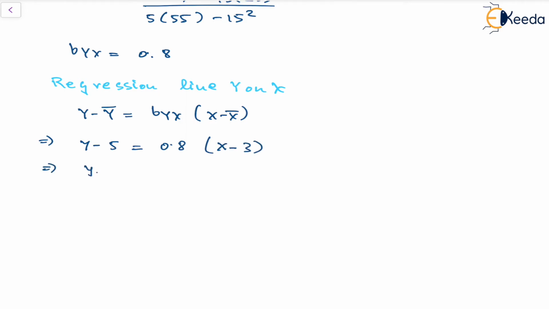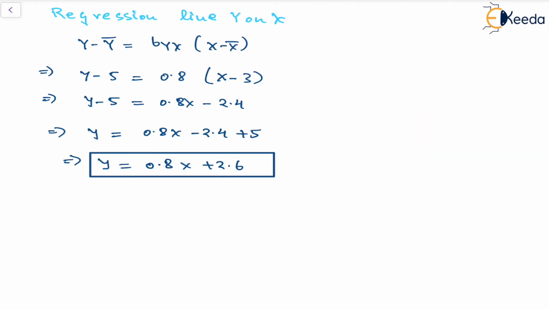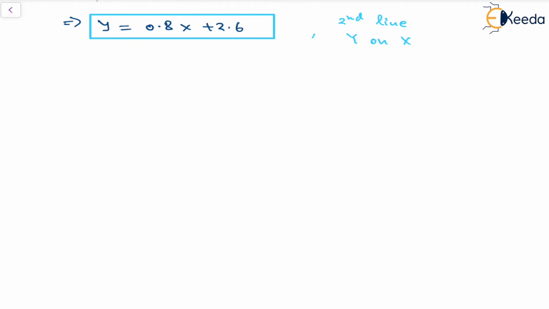This becomes y minus 5 equal to 0.8x minus 2.4, which is y equal to 0.8x minus 2.4 plus 5, and therefore y becomes 0.8x plus 2.6. So this is the second line, that is y on x. So basically we have found both the regression lines, that is x on y and y on x.